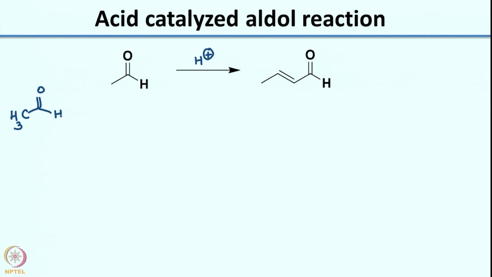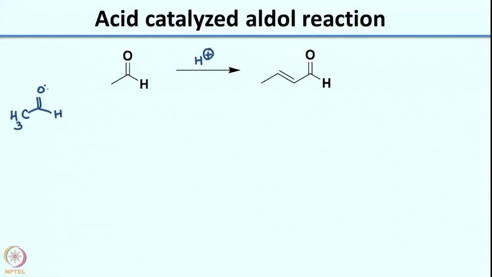You can pause your video and think for a minute if you have not written the mechanism. Alright. So, a good source would be these lone pairs on your aldehyde oxygen. This lone pair can grab a proton.